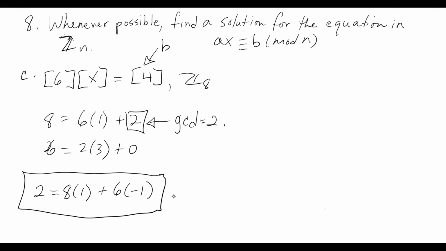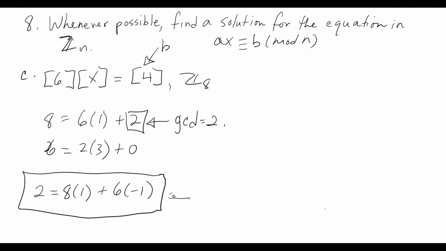Remember, if our GCD, which is 2, divides B, then we know that we have solutions. And in particular, we're going to have 2 distinct incongruent solutions to this problem. They only asked us to find one solution, but we're going to see if we can find both of them.